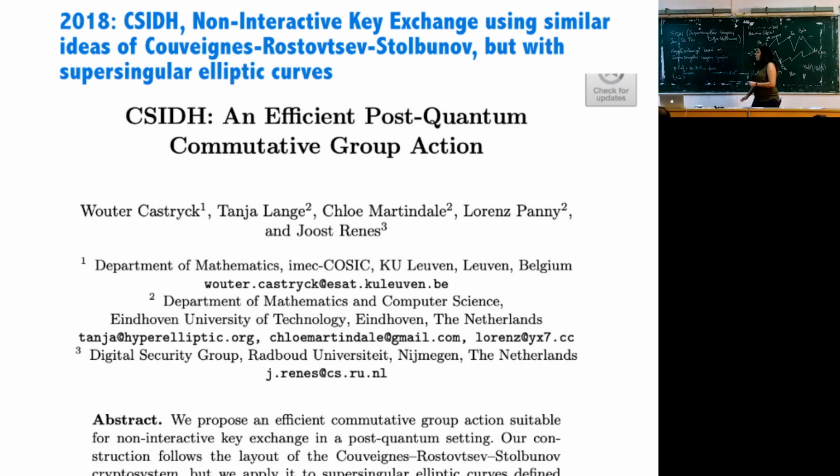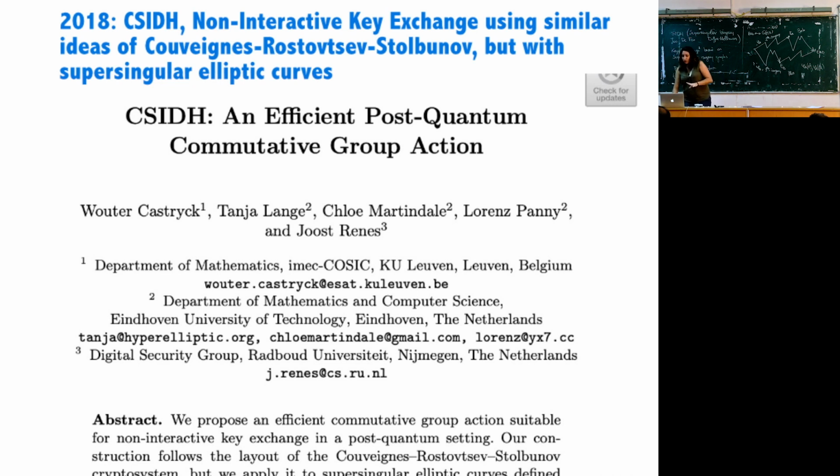Okay? So this is basically the last proposal in isogeny-based cryptography, where I think the community is focusing its attention, and for sure I hope there will be new proposals and new things.